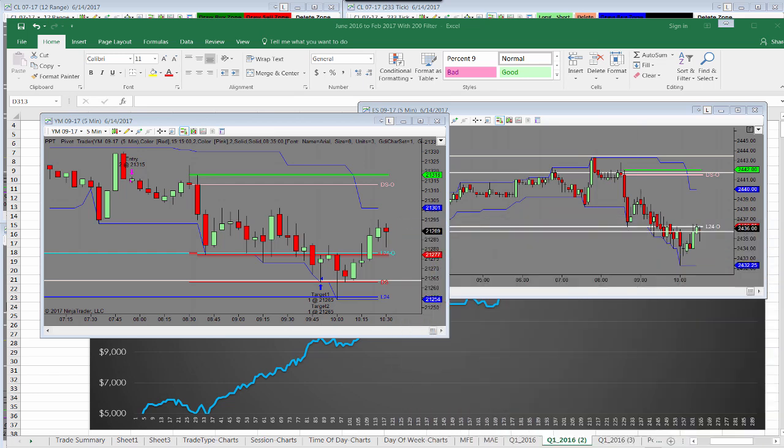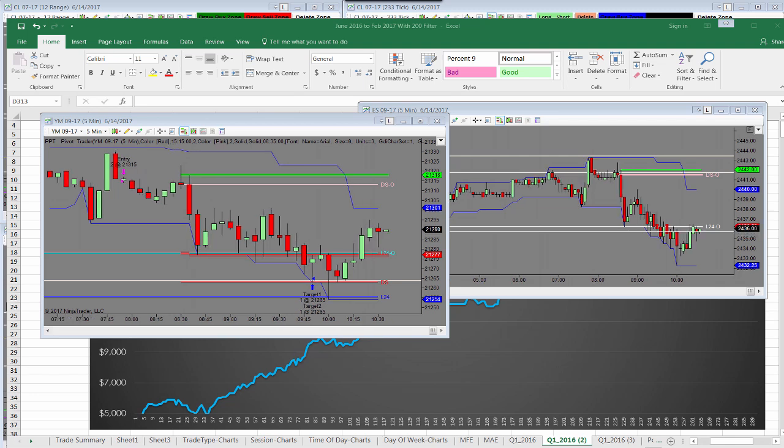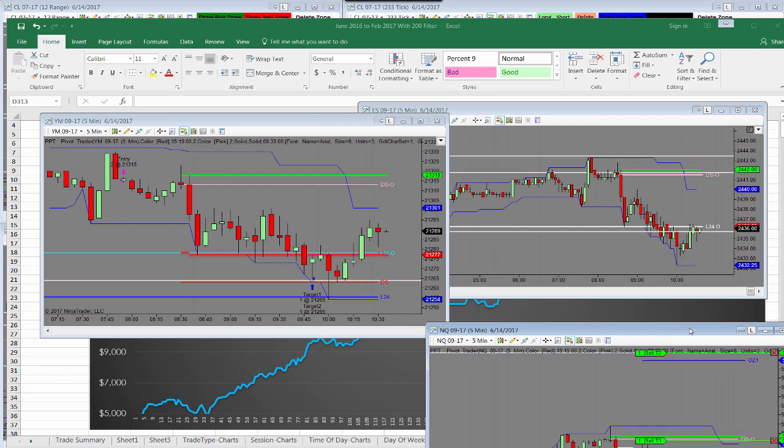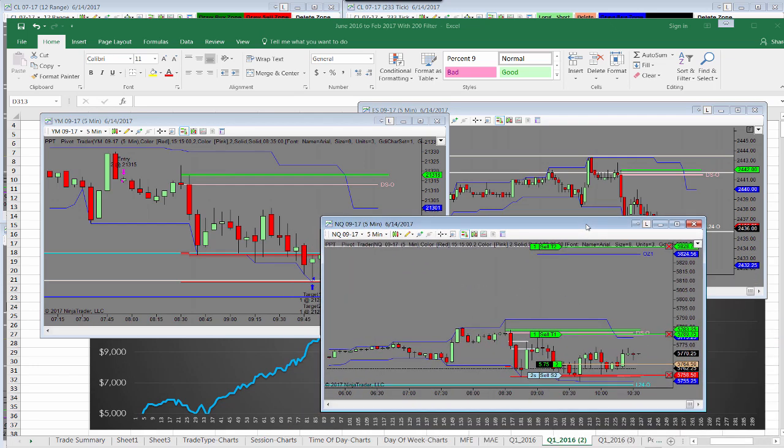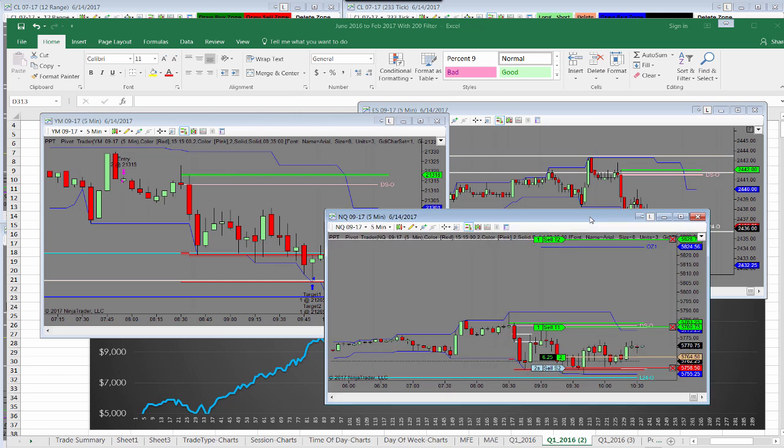I don't want to confuse you guys, but what I was looking for then is how I can enter this trade. It just so happens that the NASDAQ set up at that point. The NASDAQ was the strongest of the group, so I got in the NASDAQ here with a 6-point stop. First target here is 16, so I'm risking 6 to make 16. That's a really nice risk reward.